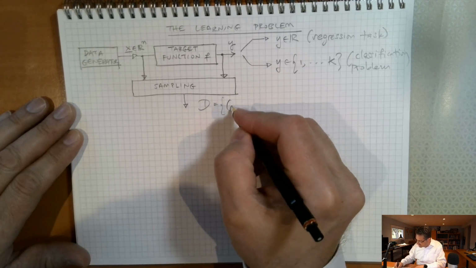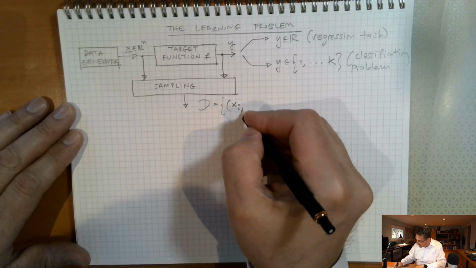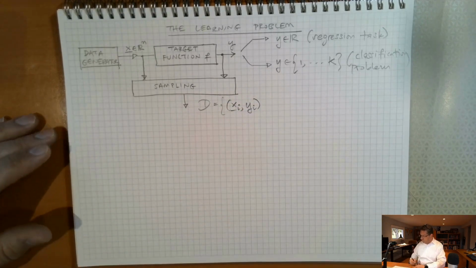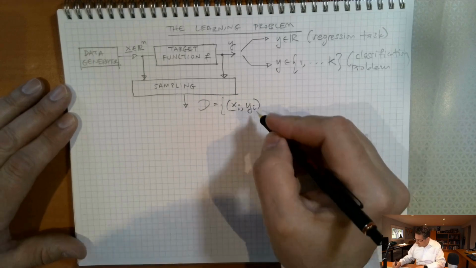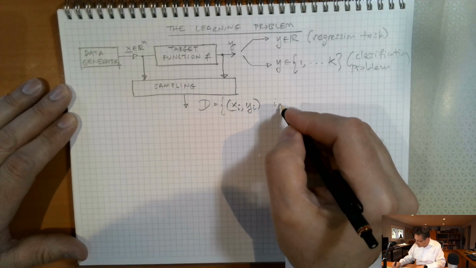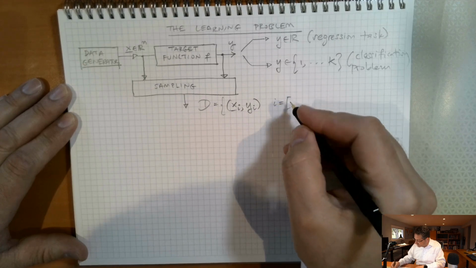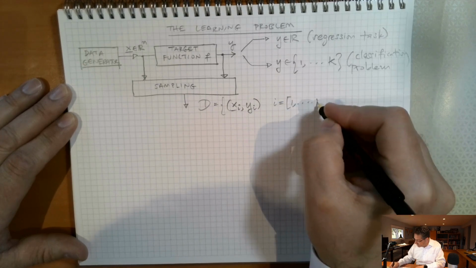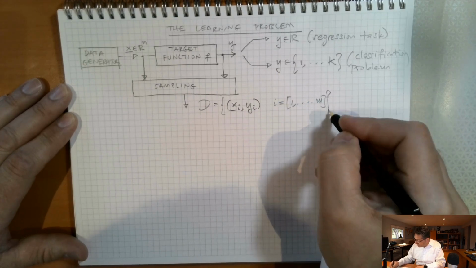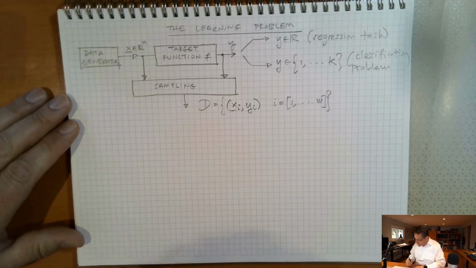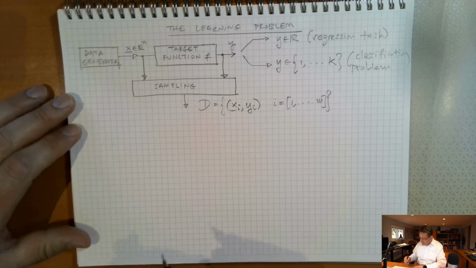And the data set brings together examples, which are pairs of x_i and y_i, where i is in the set of numbers from 1 to m. So from now on, we will have m examples that the sampling block is giving to us.